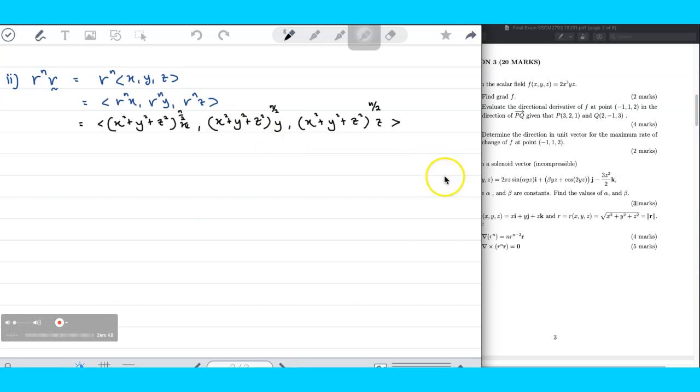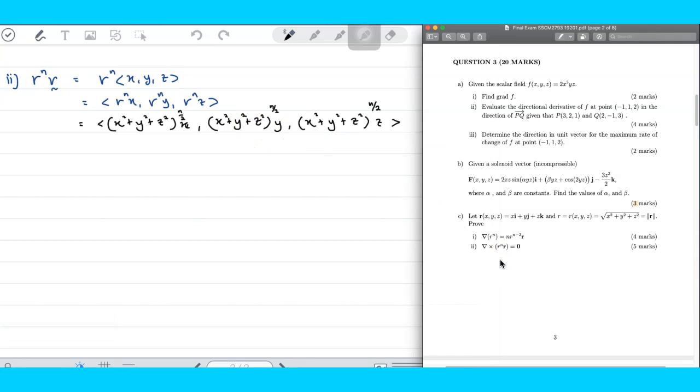So the cross product of Rn of vector R. So you have i, j, k, del x, del y, del z.